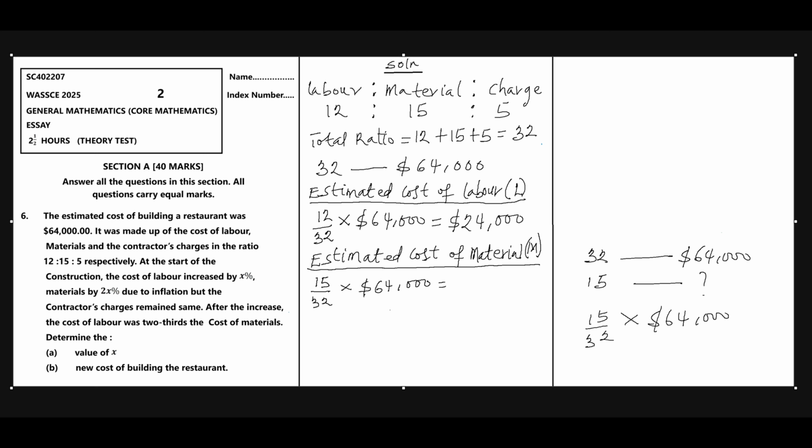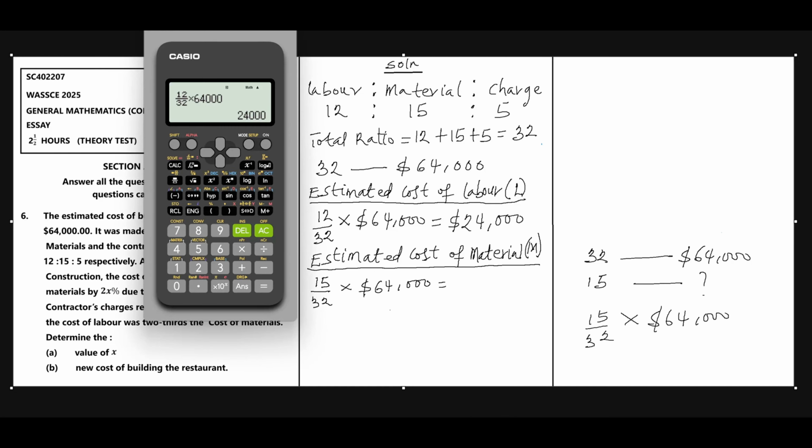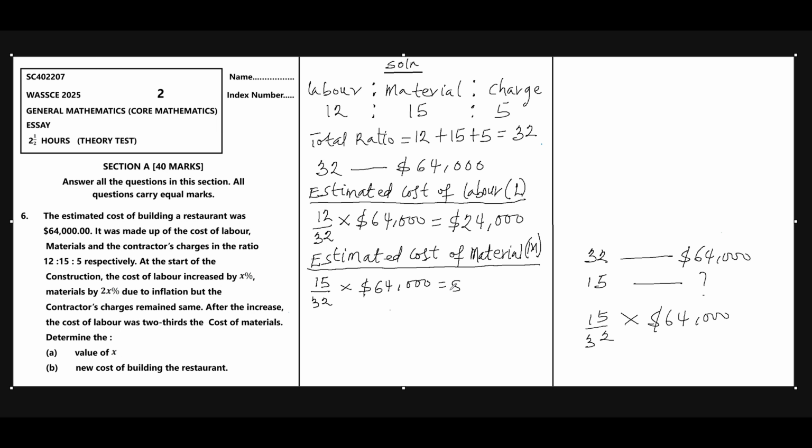Let's also verify our answer. The only thing that will change here is the ratio for material. So instead of 12, let's substitute 15. So we have 15 out of 32 times 64,000, and that is 30,000.